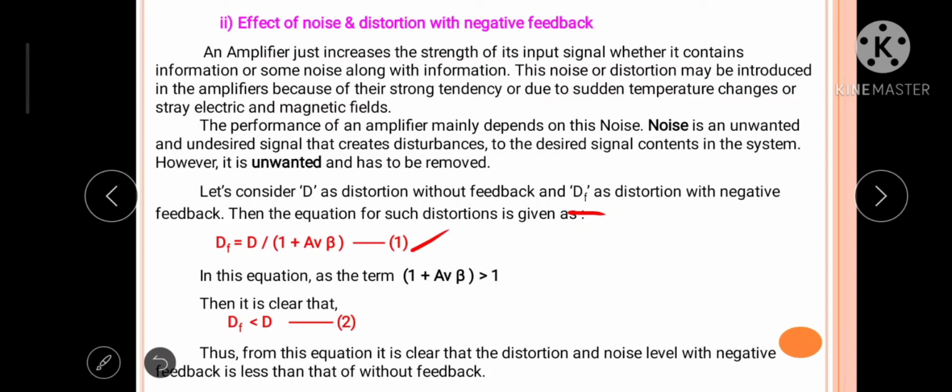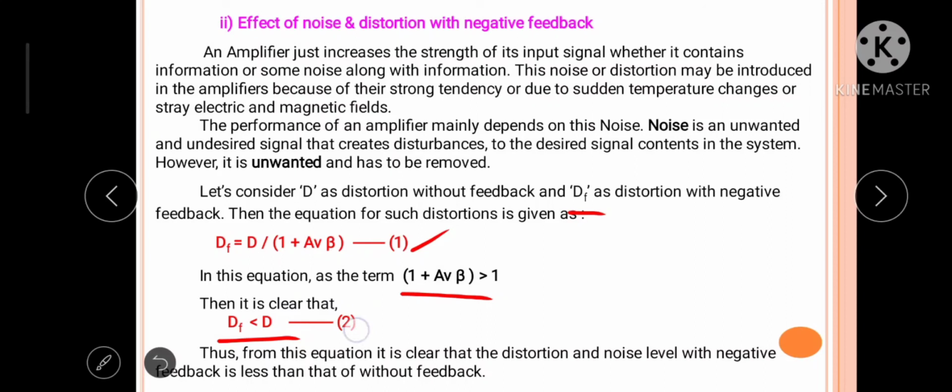Now, as in the last case, in this equation also, the term 1 plus AV into beta is always greater than 1. So from this condition, it is clear that DF is always less than D. Here, DF is distortion with negative feedback and D is distortion without feedback.